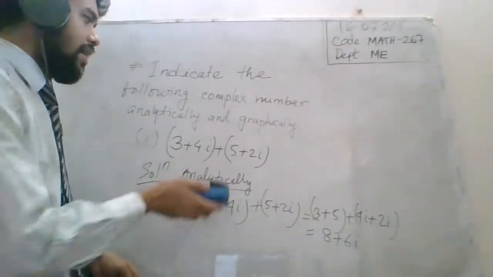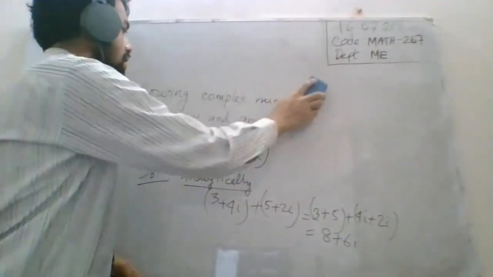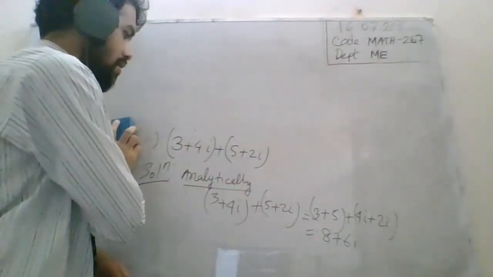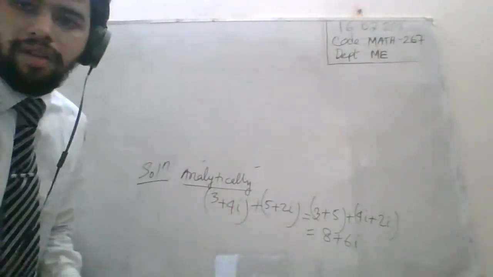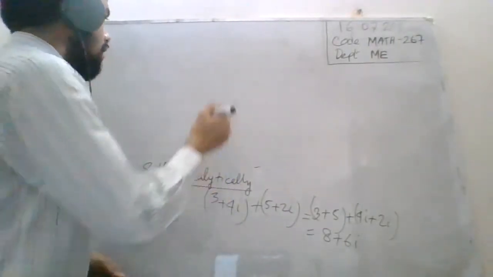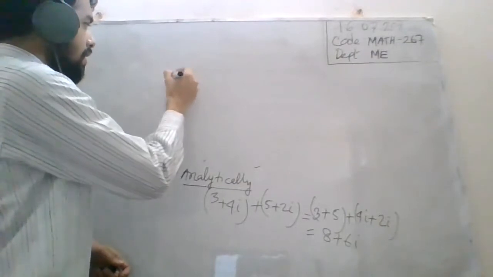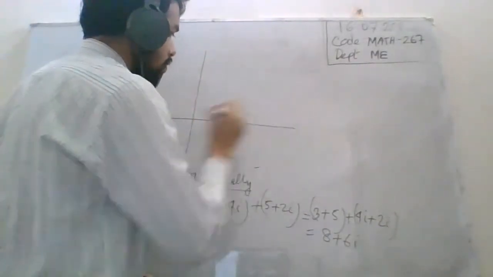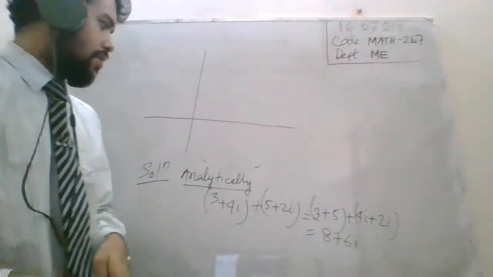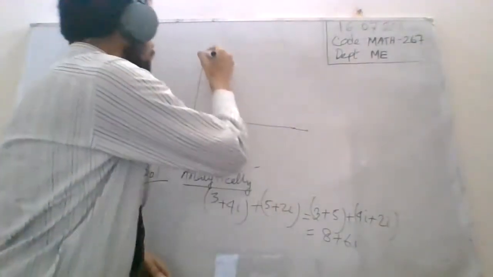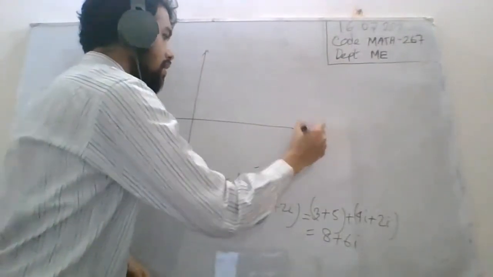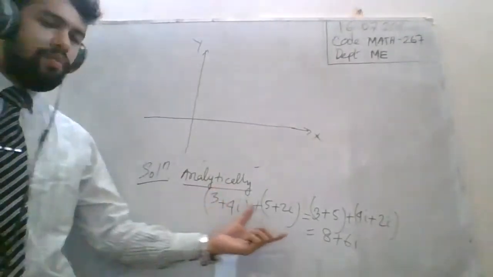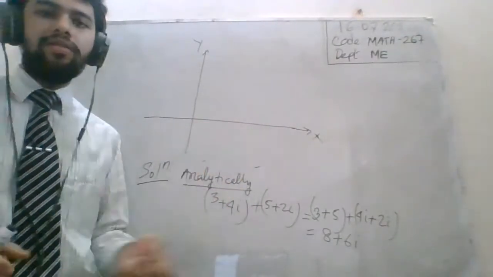Now, for the graphical representation, just take the x-axis and y-axis. You have to indicate these two complex numbers in your graph.